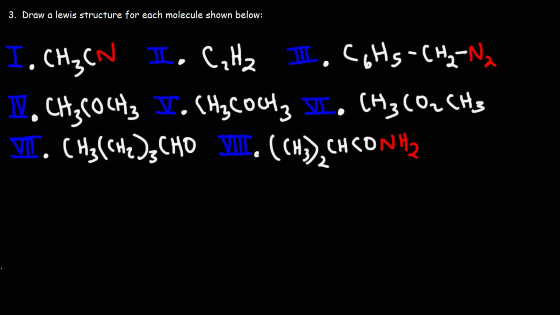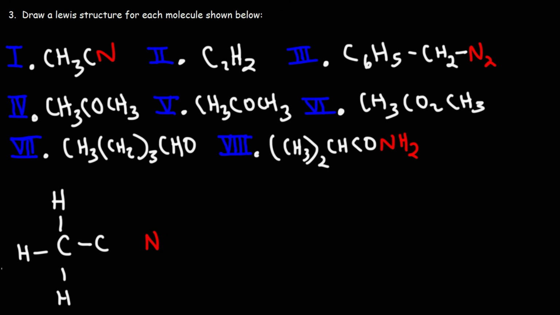Number 3, draw a Lewis structure for each molecule shown below. So let's start with the first one, CH3CN. So first we have CH3. Carbon likes to form 4 bonds, and hydrogen can only form 1 bond. So this is going to be our CH3, and then it's attached to a carbon, which is attached to a nitrogen.